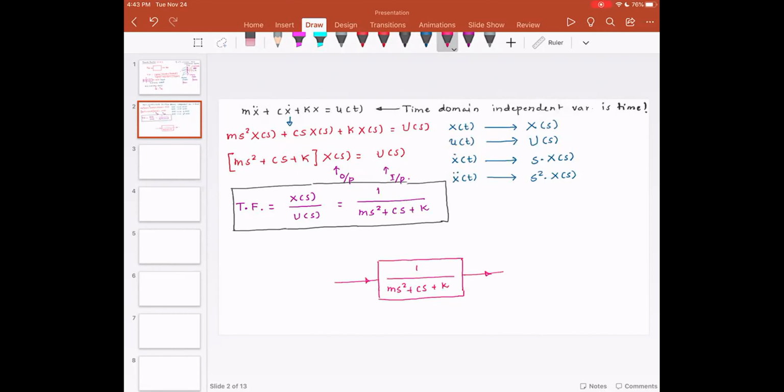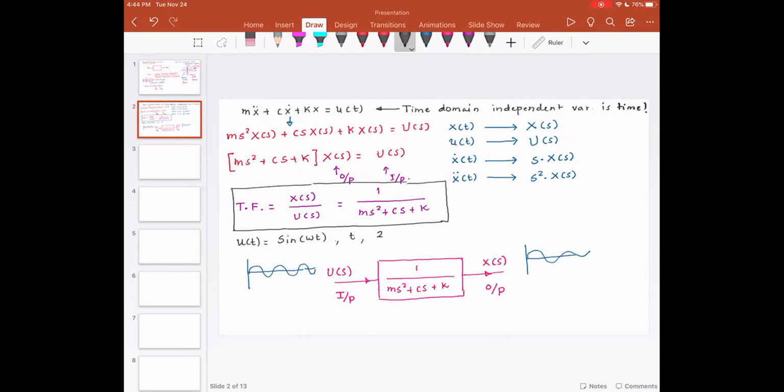Now there is something that needs to be said here, and I have to be super duper careful. Typically, when you have input, it is defined as u of t. For example, it could be sine omega t, or it could be just t, or it could be a constant, say 2. Now, when we are using the transfer function, we need to take the Laplace transform of this function and then feed it.